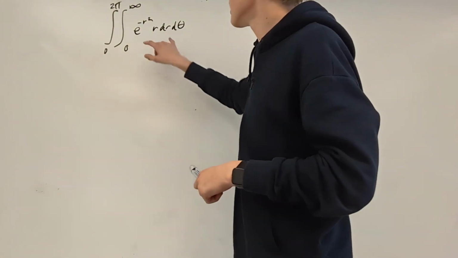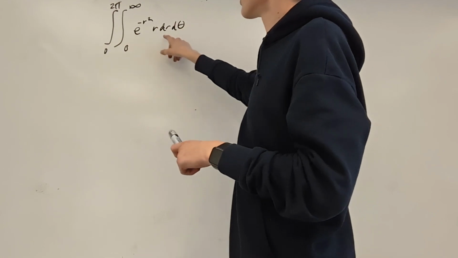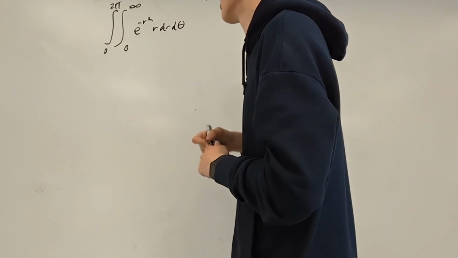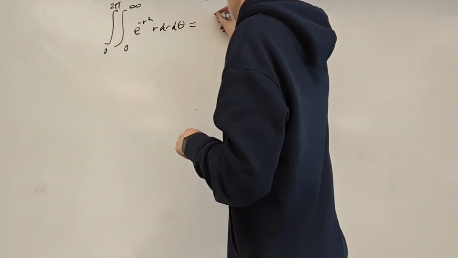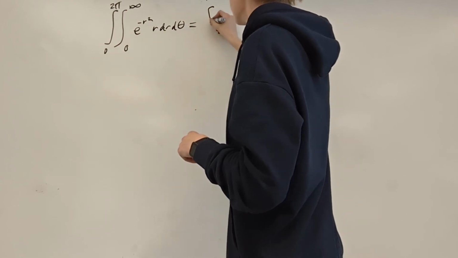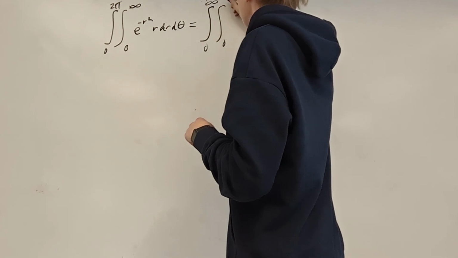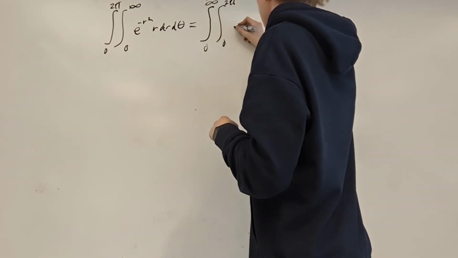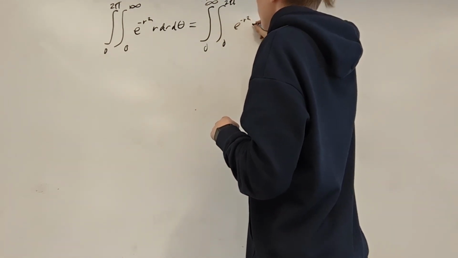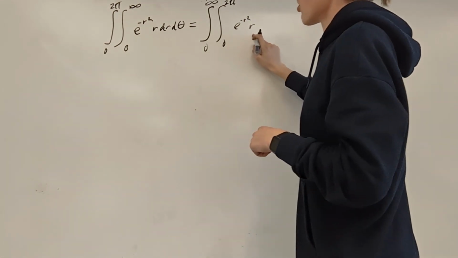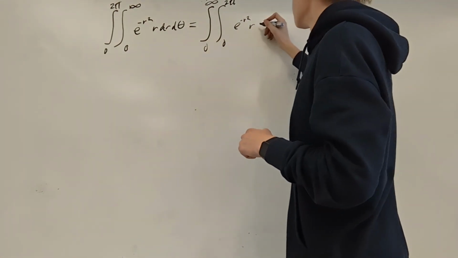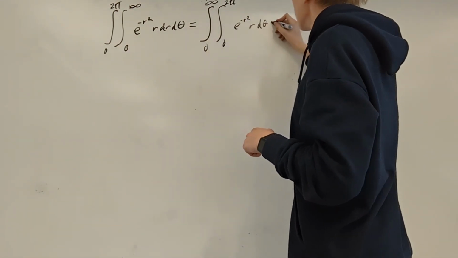Now that we're left with this integral, I actually want to change the order, which we are allowed to because this is continuous. So it will be from 0 to infinity of 0 to 2 pi e to minus r squared r. And now this is a constant with respect to theta.